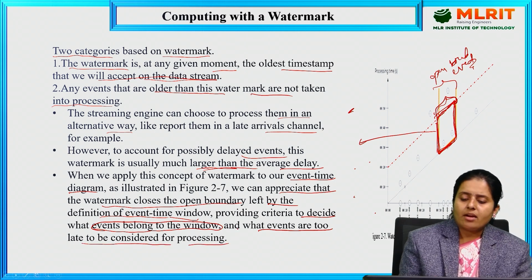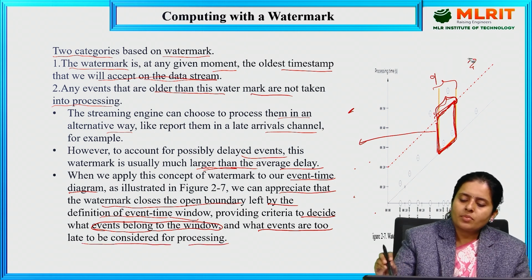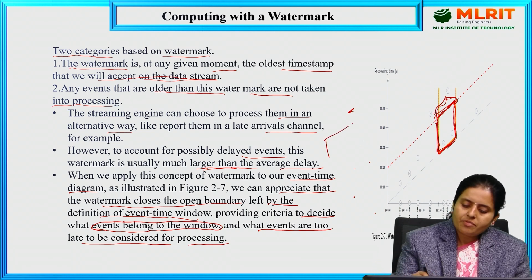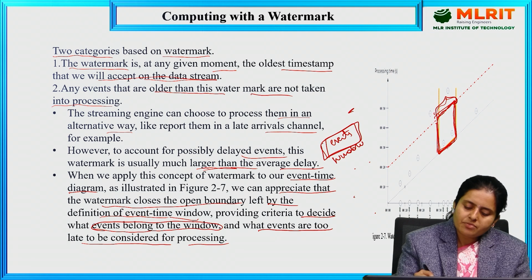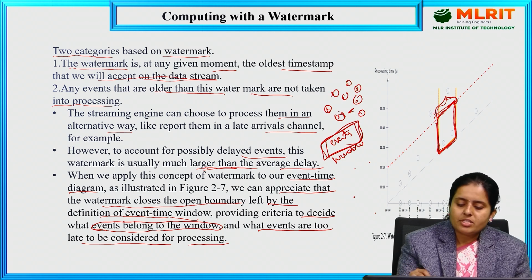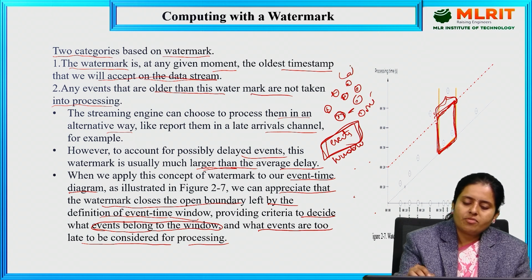We can also differentiate between the events which belong to a specific window and all the other events which are not processed on time, as there may be a chance of being late.